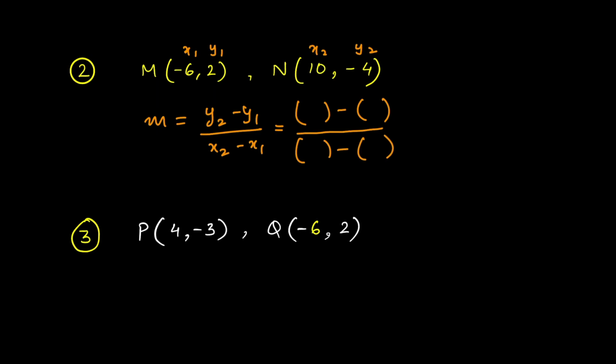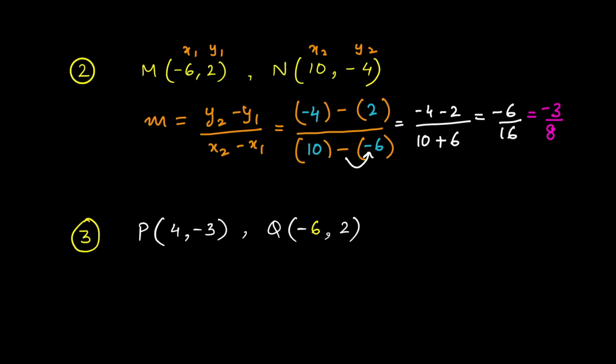So y2 is minus 4, y1 is 2, then x2 is 10 and x1 is minus 6. So it's always good to put the brackets the way I put. Then it is minus 4 minus 2 over 10 minus minus 6, and this minus times minus becomes plus. So it will be minus 6 over 16. So it can be reduced. Both are multiples of 2. So we can divide both by 2 and we get minus 3 over 8.